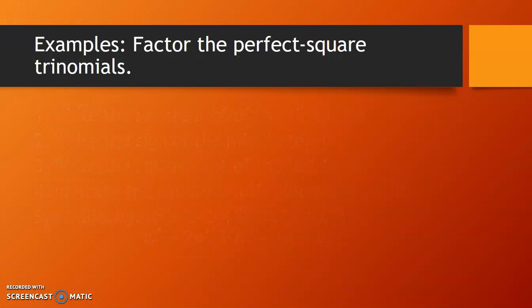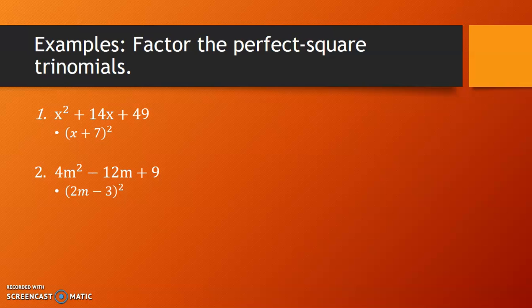So let's look at some examples. So some of these are the ones that I went over earlier where you guys were saying yes or no. So for this one, I would do x plus that 7, square rooting the first and the last term. That plus sign in front of the 14x tells you that you put a plus sign in between x and 7. That whole quantity gets squared. 4m squared minus 12m plus 9, square root 4m squared, that would be 2m, square root 9, that would be 3.